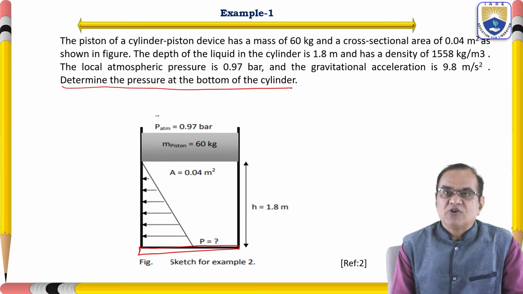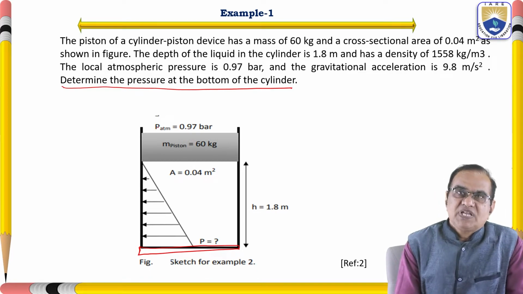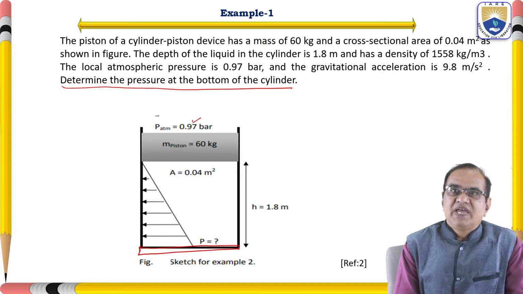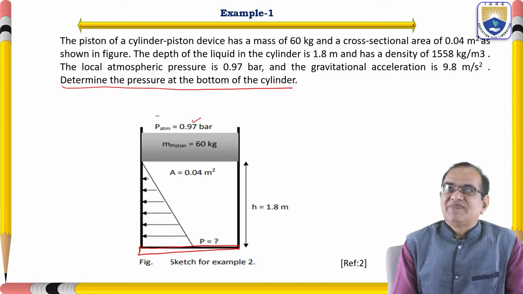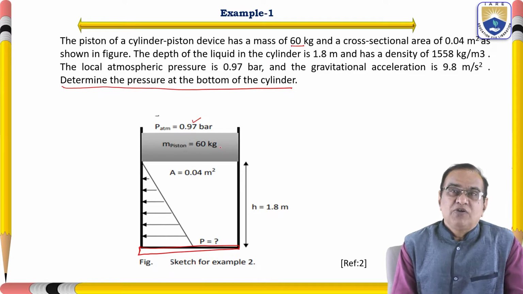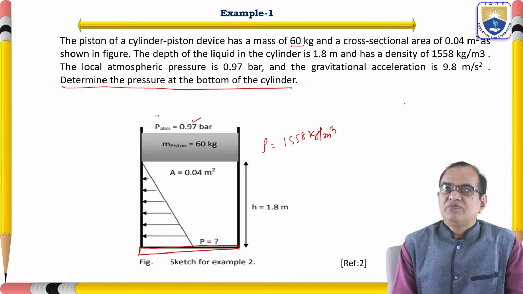So I have shown this diagram here. P atmosphere is given as 0.97 bar. The mass of the piston is given here as 60 kg, so we can multiply it by 9.8 and we will get the weight. And the density rho is given as 1558 kg per meter cube.